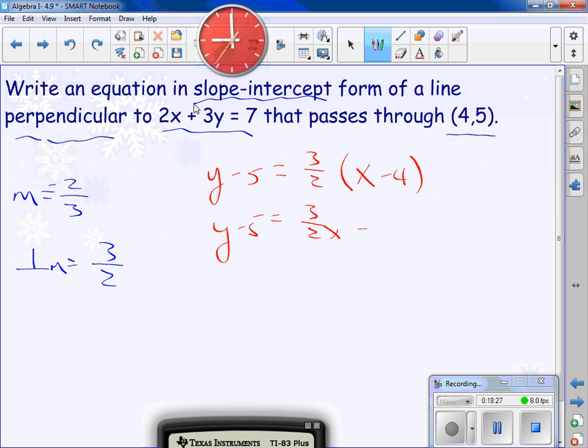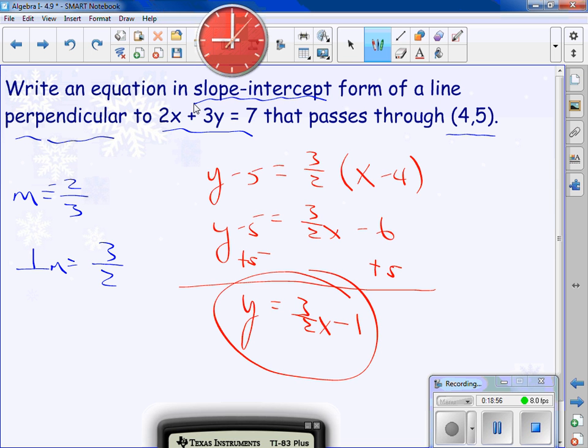Positive times a negative, negative. 3/2 times 4. 3 times 4 is 12, divided by 2 is 6. Fraction's gone. Add over the 5. Y equals 3/2 x, negative 6, positive 5, negative 1. And that's your answer.